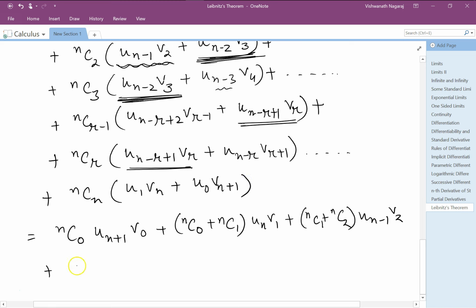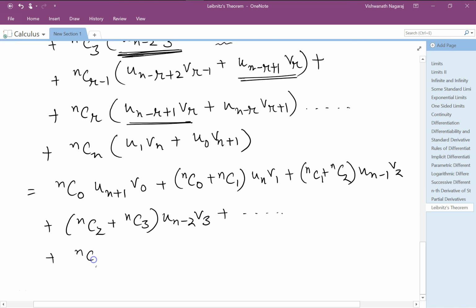So here nc2 plus nc3 and common is un minus 2 v3, and we keep going like that. ncr minus 1 plus ncr, right, for this 2, and common is un minus r plus 1 and vr.